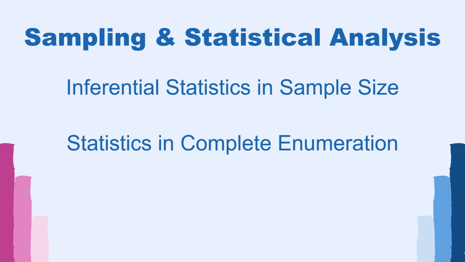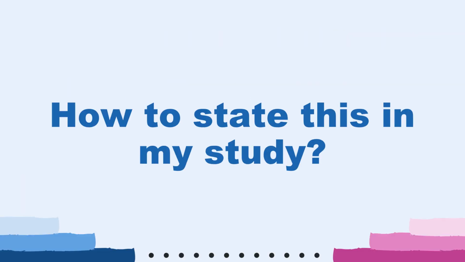We do not want to check anymore if it is indeed applicable or not, because surely it is. Okay, so if you are having complete enumeration, no need for you to have the inferential statistics. Just have the descriptive statistics component. Okay, that's important.